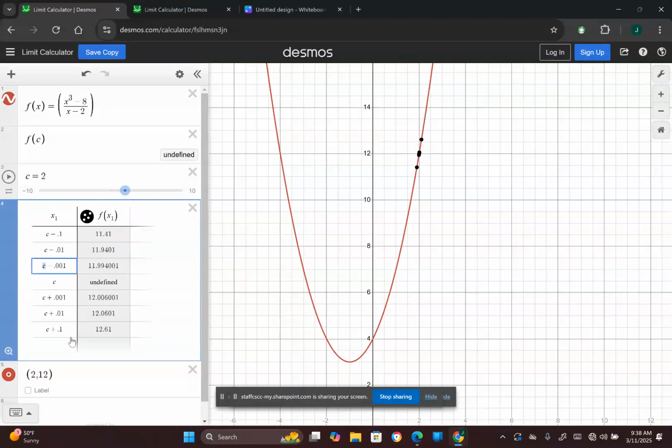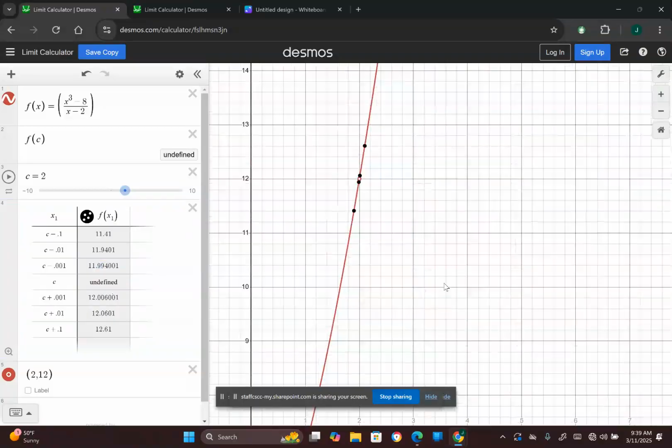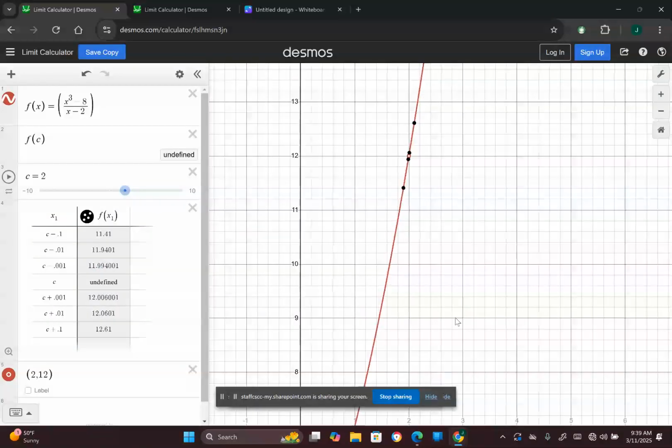If you take 2 minus 0.001, 1.999, the value is 11.994 approximately. Now, what can we say about these y values as I'm getting closer and closer to 2 from the negative side? It looks like they're approaching 12. And as I zoom in on this graph here, you can see these points.